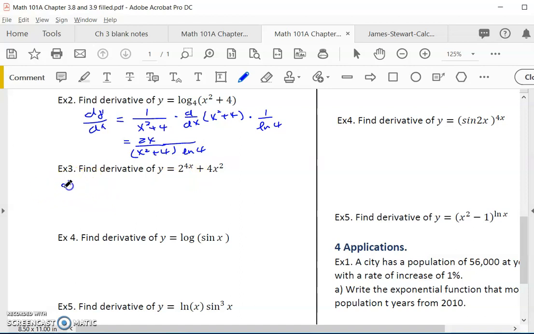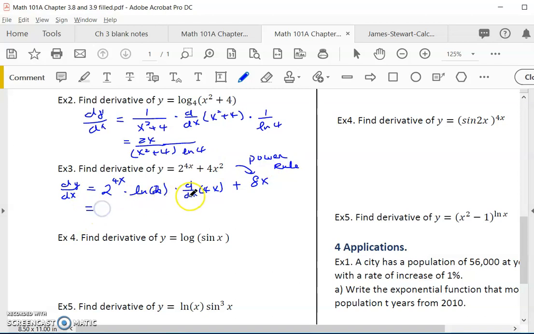So dy/dx would equal still 2 to the 4x, and because the base is 2, times ln 2, times d/dx of 4x. The last part is just the power rule, so I would say 8x.